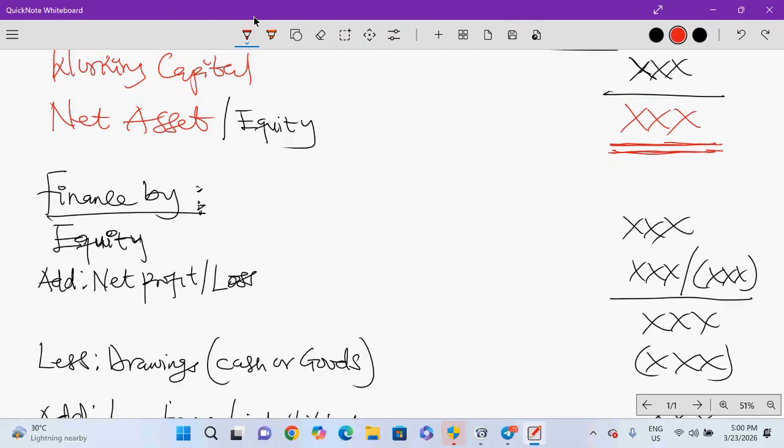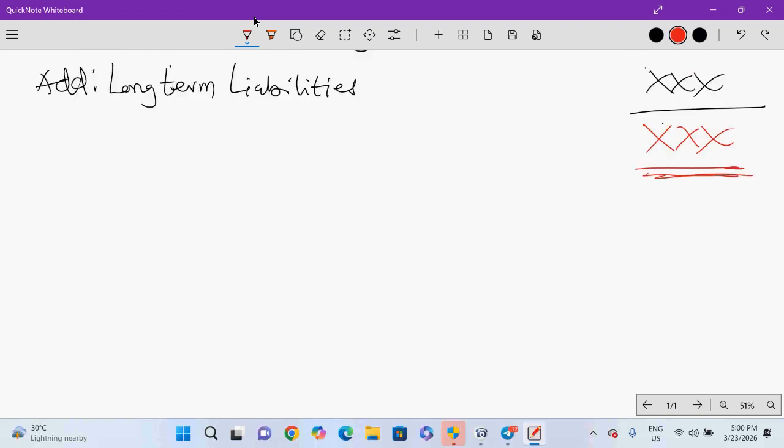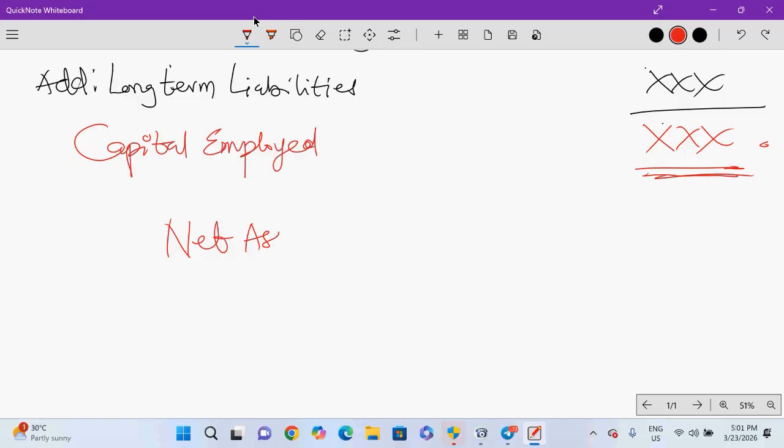So at the end of the day, this figure here must be the same as this figure. Then we can say it has balanced. The name given to this figure is capital employed. So for you to say that your account has balance, the net asset should be equal to the capital employed.